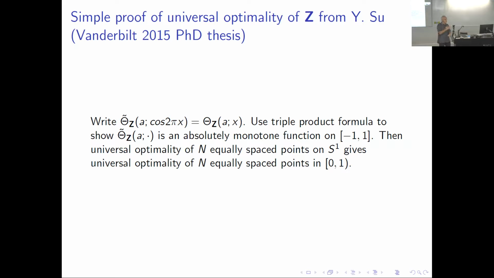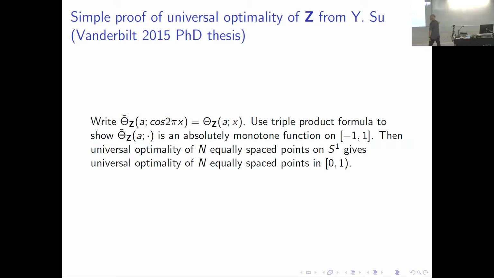What you do is take the theta function that's giving you the interaction on the line, and you do a change of variable, since this is a one-periodic object, and it turns into the problem of n points on the circle.